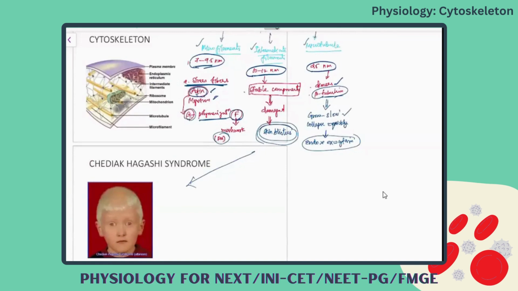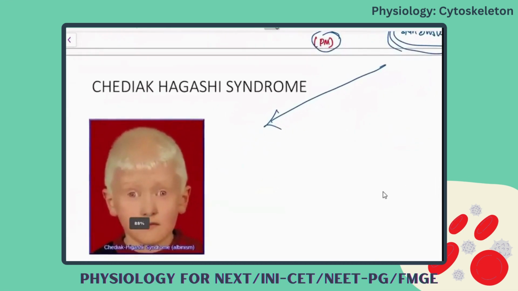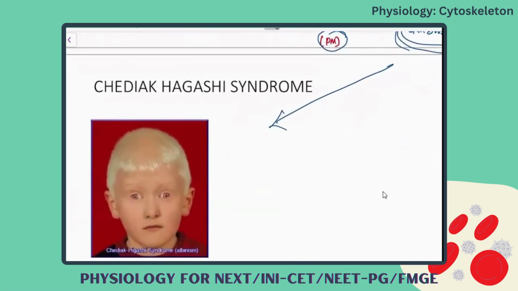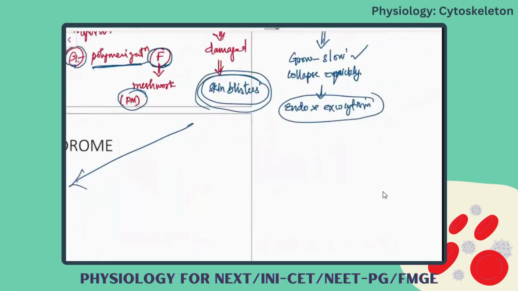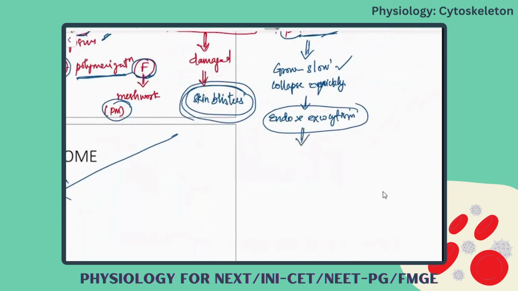One condition related to this is called Chediak-Higashi syndrome. In this syndrome the main thing is mutation of the microtubules, which have the major role in endocytosis and exocytosis.